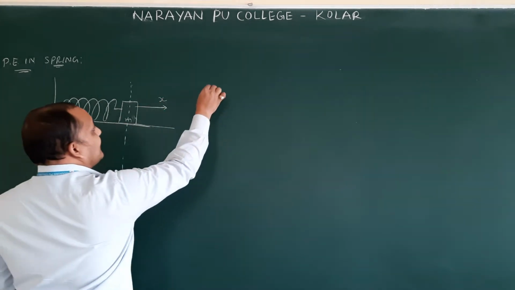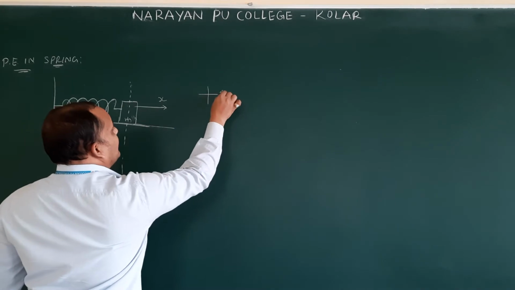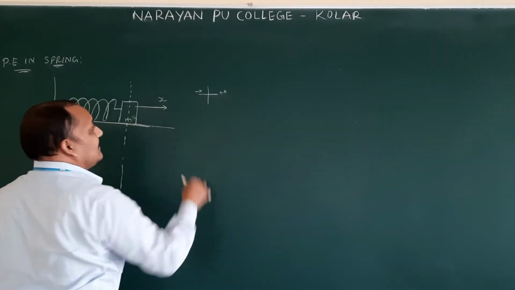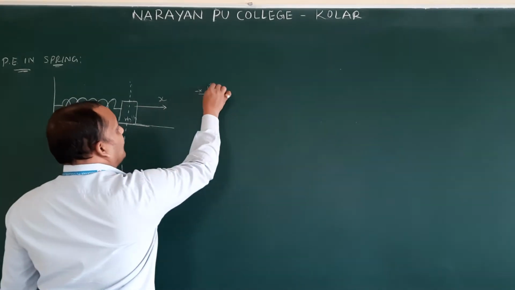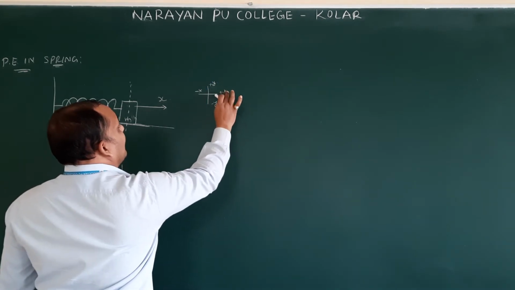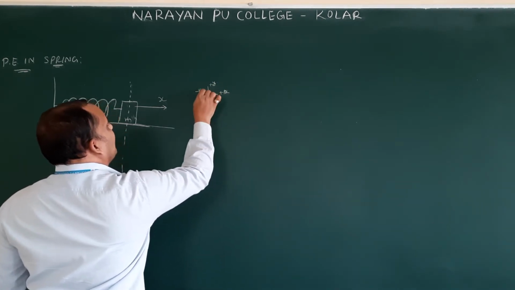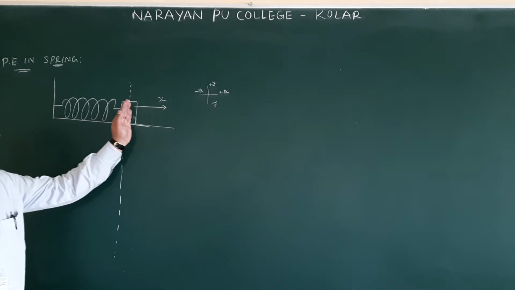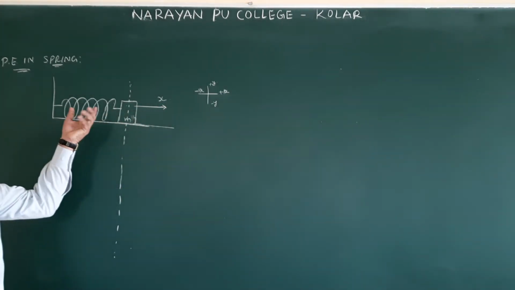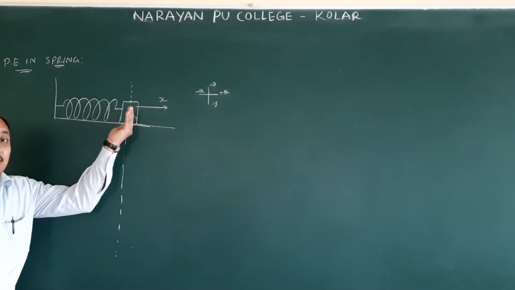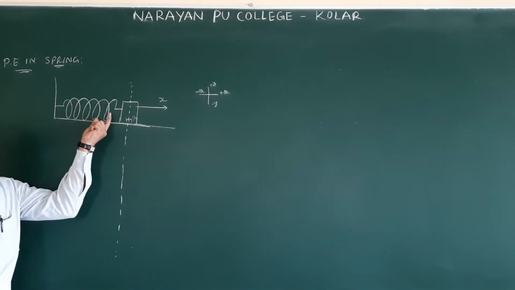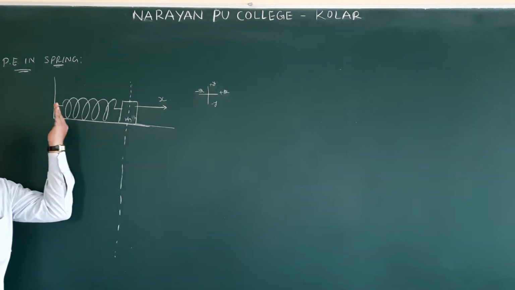if you have taken the x-axis and y-axis, so this is the positive x-axis, this is the negative x-axis, this is the positive y-axis, this is the negative y-axis, isn't it? If we are elongating like this, what will the spring do? The spring will apply force in this direction, means the spring is pulling this object in this direction.